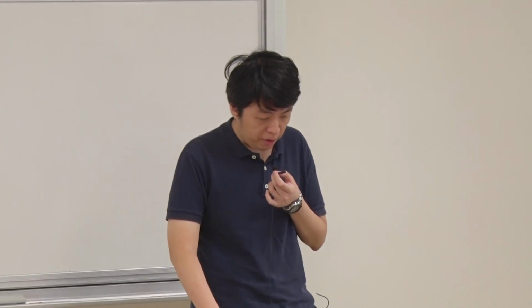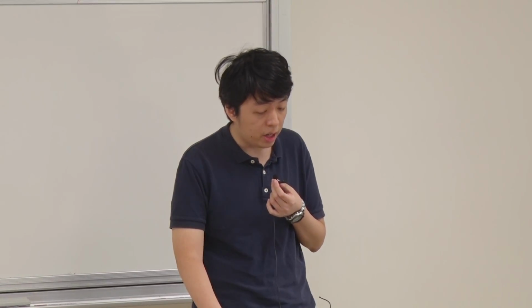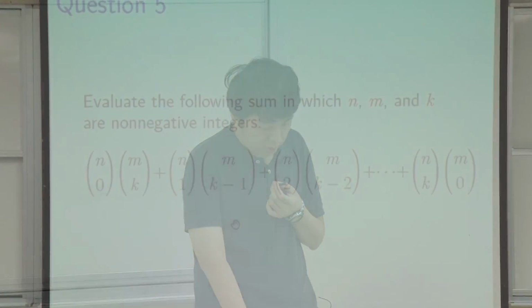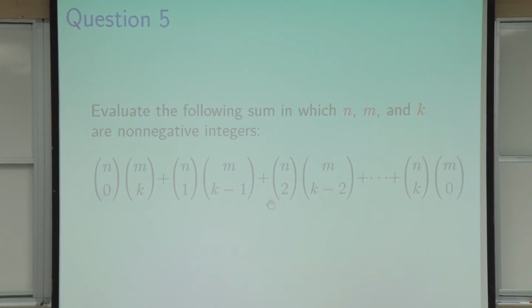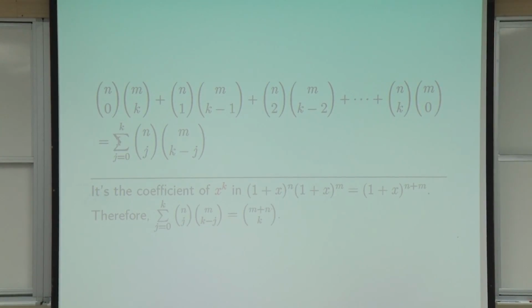Okay, for the next question, we ask you to evaluate the following sum in which n and k are non-negative integers. This should be familiar for you. If we write it down in the form of a sigma sum, this is equal to the sum of n choose j times n choose k minus j, where j goes from 0 to k.